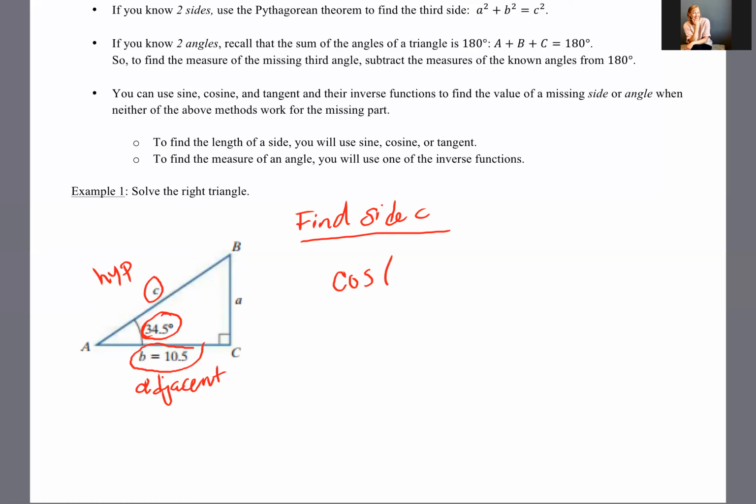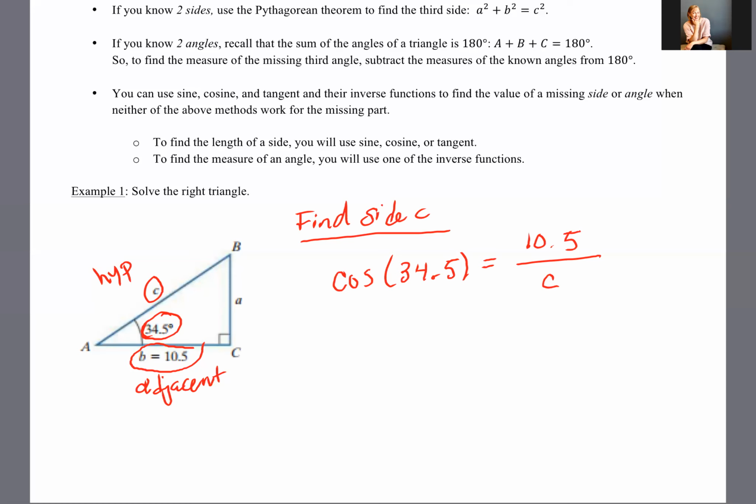Cosine of angle A, which is 34.5 degrees, is equal to the side adjacent to angle A, which is 10.5, divided by the hypotenuse, which is side C. Now I have to rearrange it a little bit to get side C by itself.